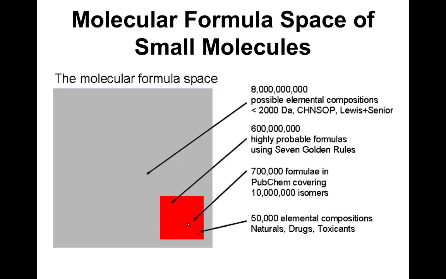That's 8 billion elemental compositions. If you use the 7 golden rules, that shrinks it down by a factor of 12 or 13. And then if you look at isomers and the formulas in PubChem, that shrinks it down to 700,000. And then if you shrink that further in terms of the number of ones that are known, it's even smaller.